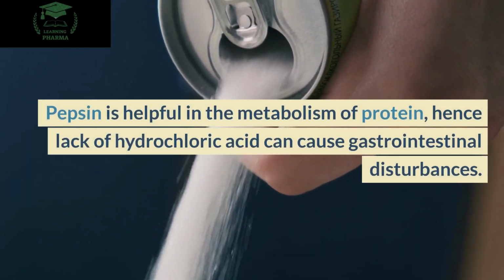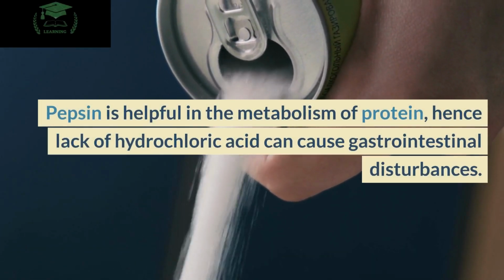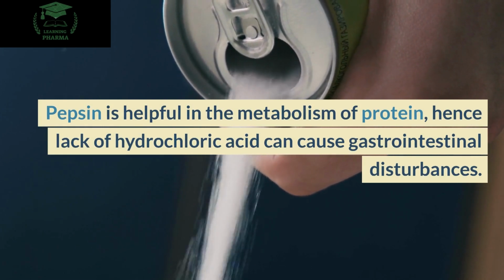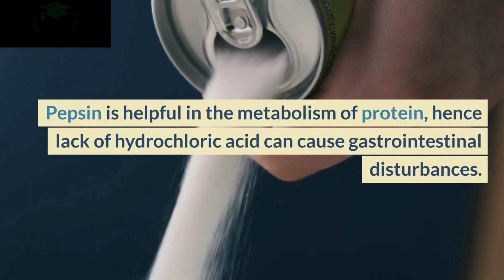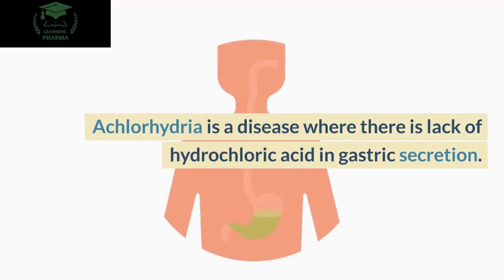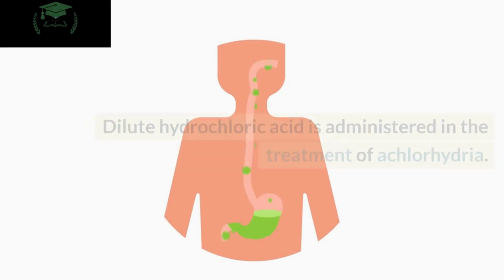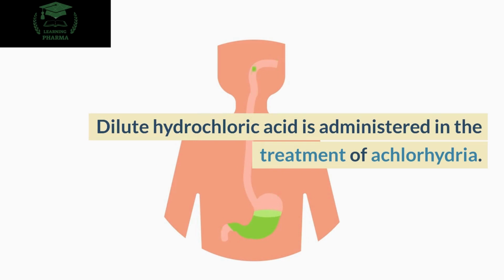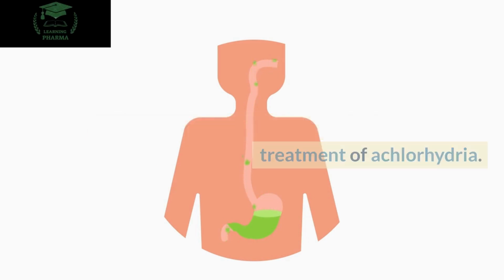Pepsin is helpful in the metabolism of protein. Hence, lack of hydrochloric acid can cause gastrointestinal disturbances. Achlorhydria is a disease where there is lack of hydrochloric acid in gastric secretion. Dilute hydrochloric acid is administered in the treatment of achlorhydria.